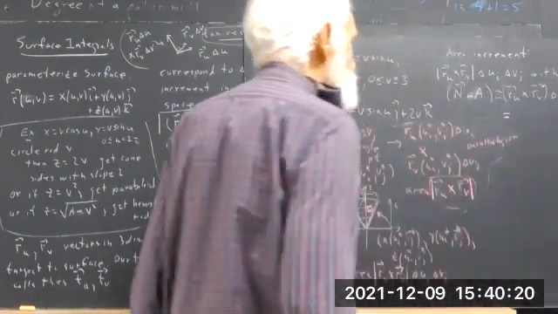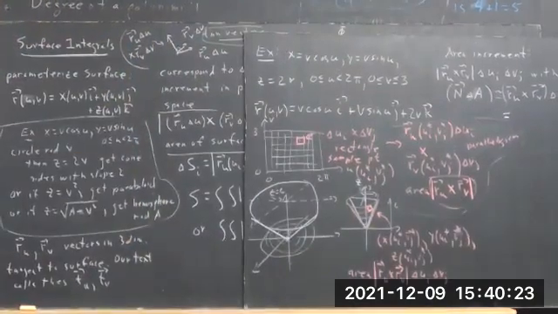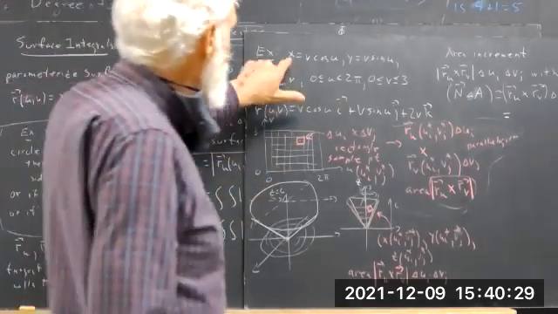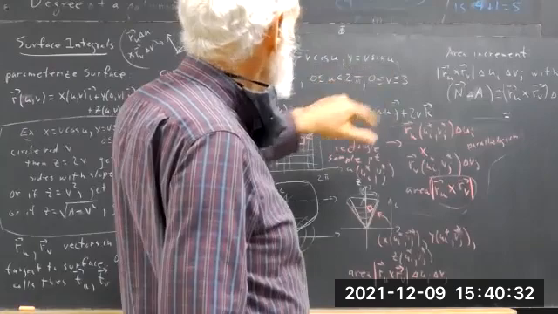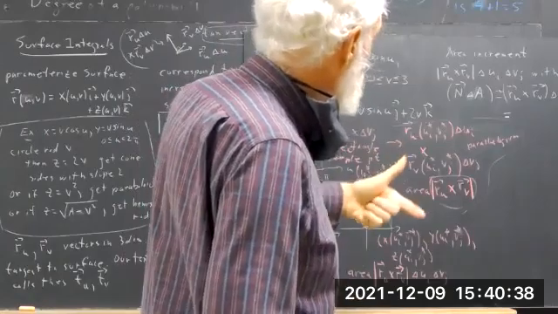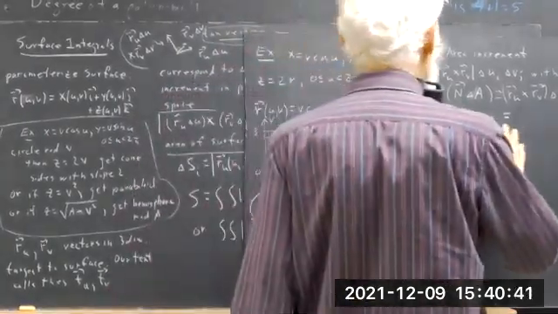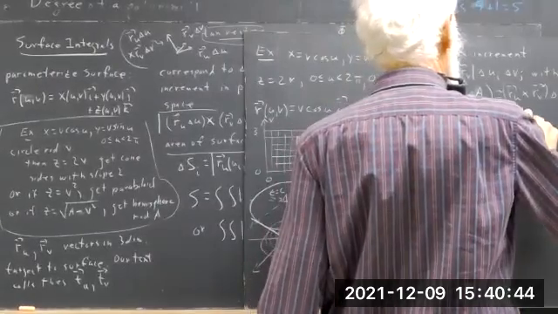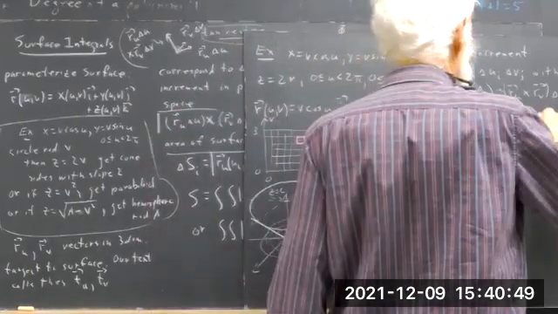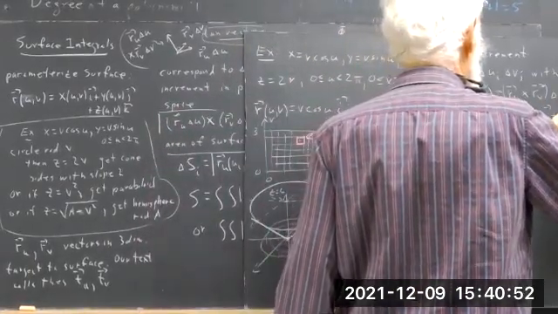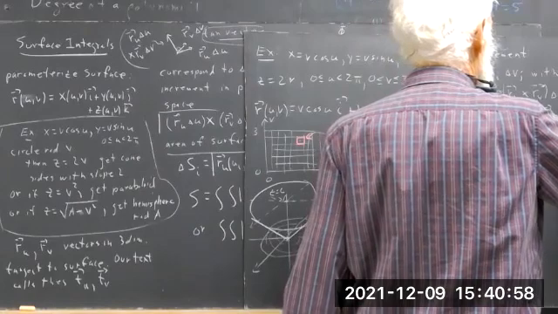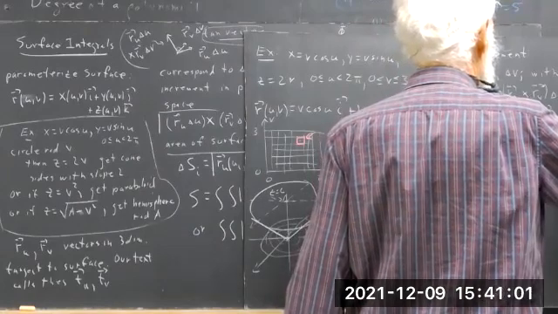Okay, now, so far I'm just saying the same thing I said before. But now, what are the details of this? Well, X is V cosine U, Y is V sine U, and Z is 2V. So RU, I'm going to just calculate RU in general, is the U derivative of X times i plus the U derivative of Y times j plus the U derivative of Z times k vector.